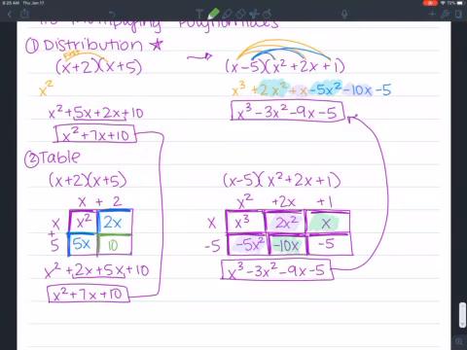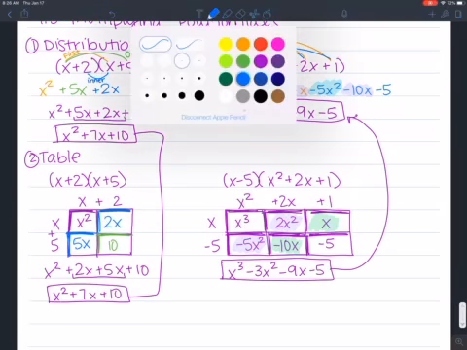And then if we did x times 5, those are the outer terms. So that gives us 5x, okay? So we've got first, outer, and then if we did 2 times x, those are the inner terms because they're on the inside. That gives us 2x.